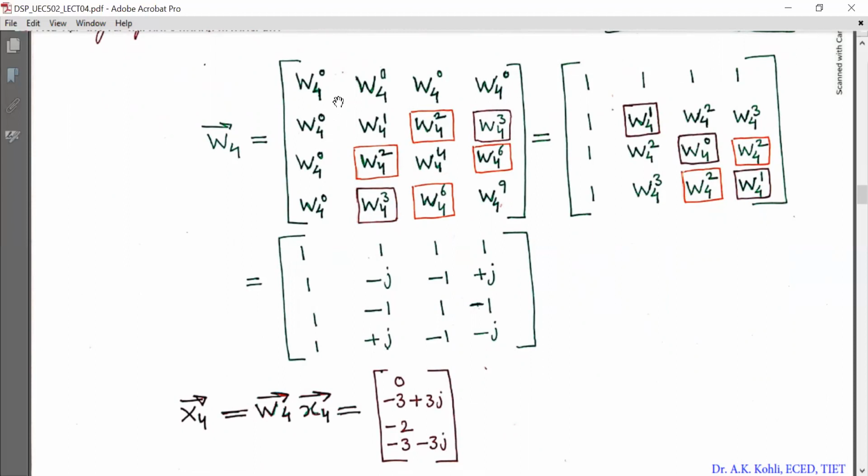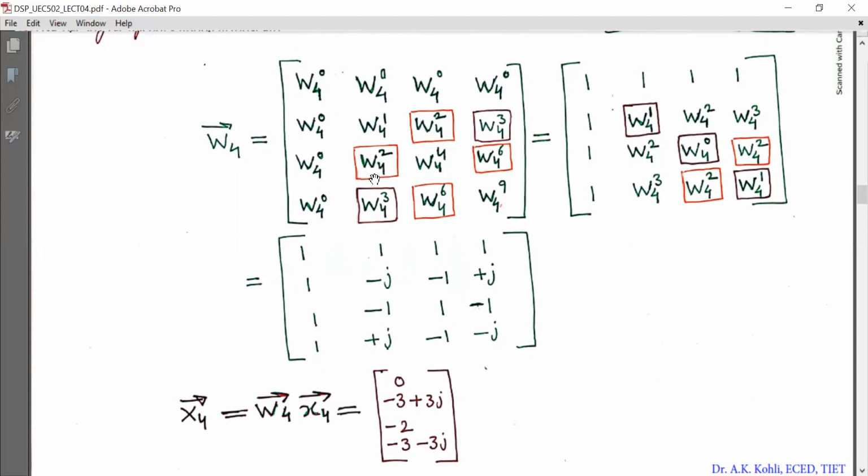Now twiddle factors are arranged in a particular fashion, and on solution I find that the first row has all elements as 1, and the first column also has all elements as 1. Here I can see that the same twiddle factor is repeating again and again.